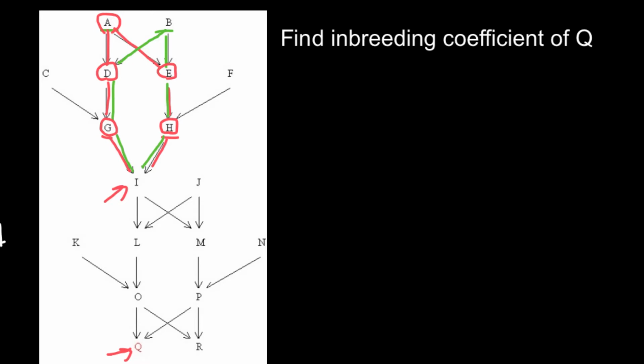Now we have to use a simple formula where 1/2 raised to n represents the probability that individual I would get both alleles from common ancestor A. But we also have a second ring, the green ring, that would represent the probability for individual I to get two alleles from individual B.